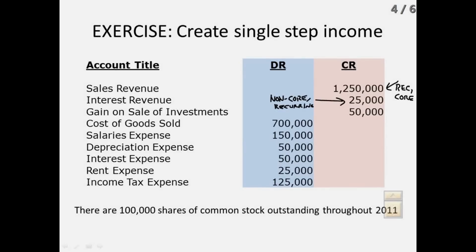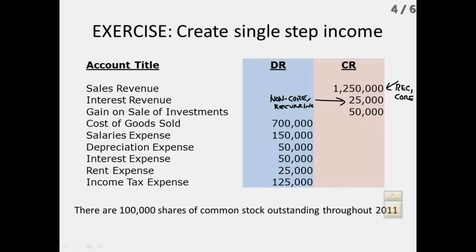All right, how about the gain on sale of investments? I sold a bunch of investments. Once I sell the investments, do I have the investments anymore? So next year, am I going to be able to sell these investments and get another $50,000? No. Maybe I have some other investments, but realistically, this gain is one time.